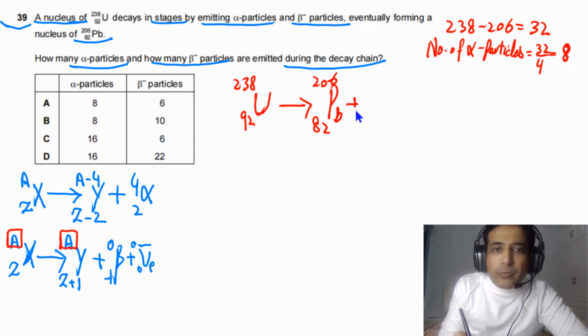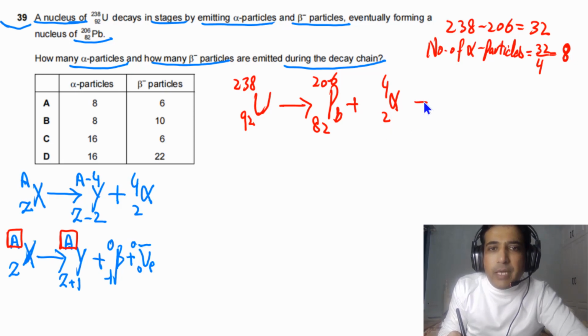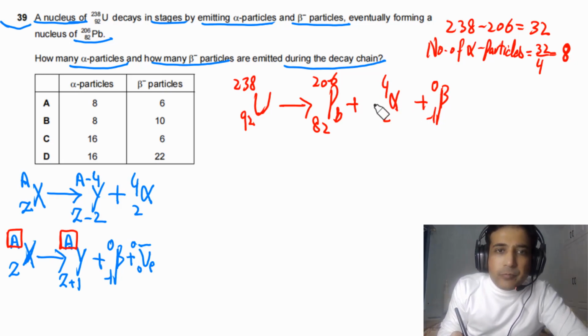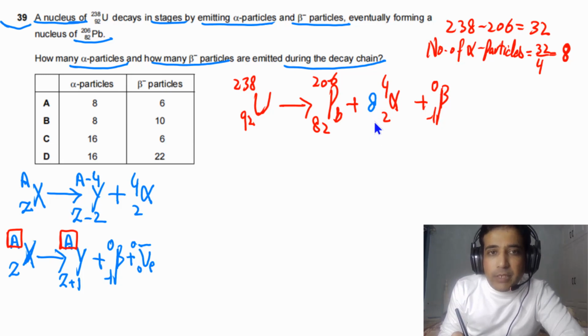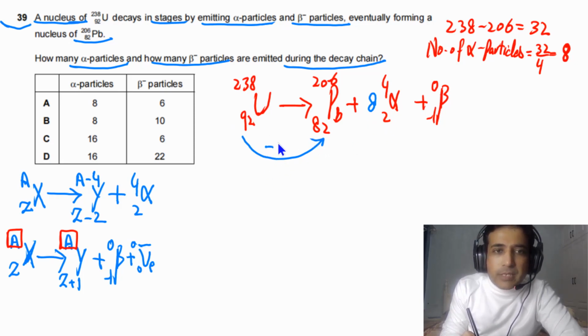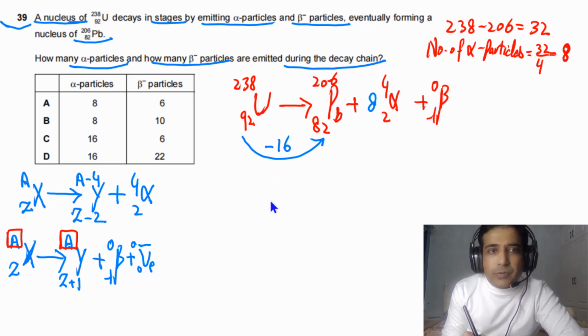Now we can write down the alpha particles and the beta minus particles here. We have already found it has to be 8 alpha particles. If 8 alpha particles are emitted, the proton number has to decrease by 16.